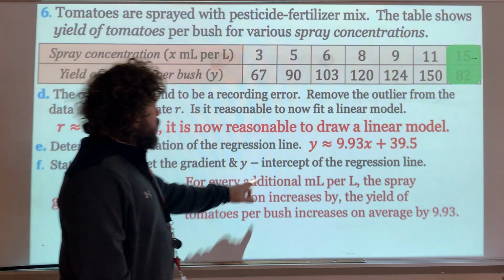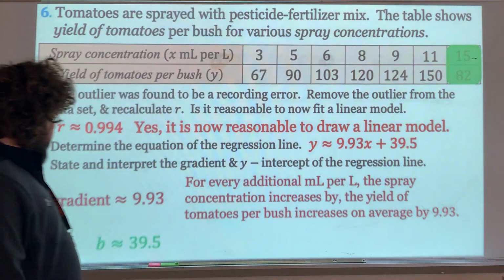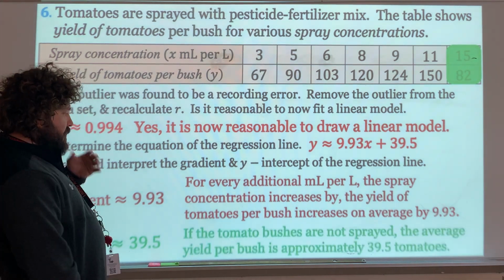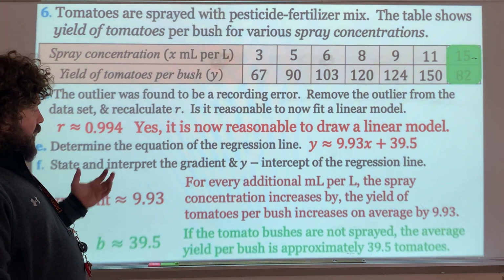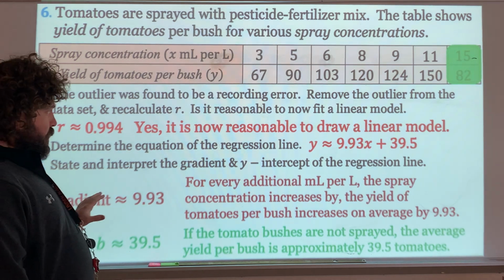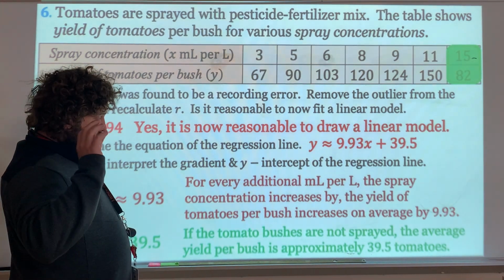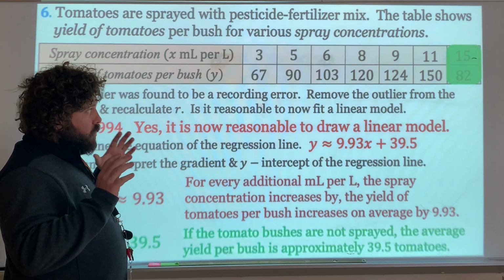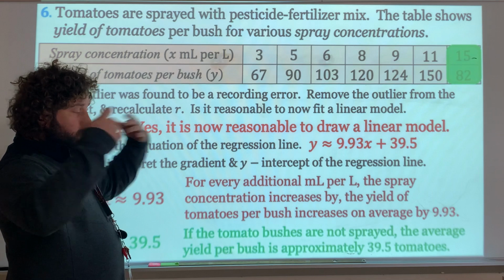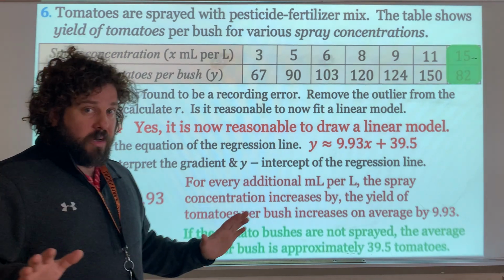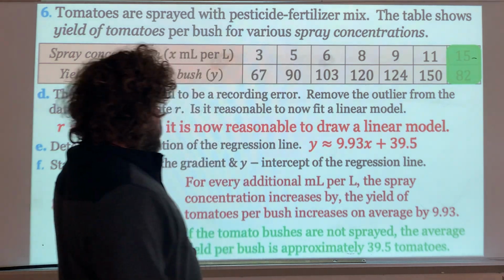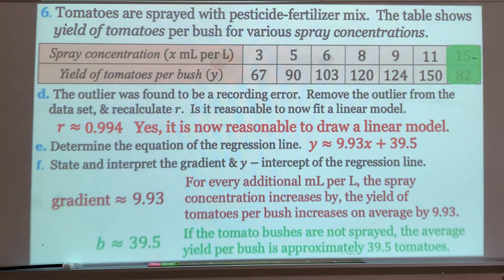What is the y-intercept? 39.5. What does that mean? That means if the tomato bushes are not sprayed, the average yield per bush will just be 40. So you pretty much have 40 tomatoes per bush, but the more you spray it, the more tomatoes each bush gets. They'll get 40 no matter what, but then you start spraying it with stuff, and then you get a lot more tomatoes per bush. All right? Statistical analysis, right there.